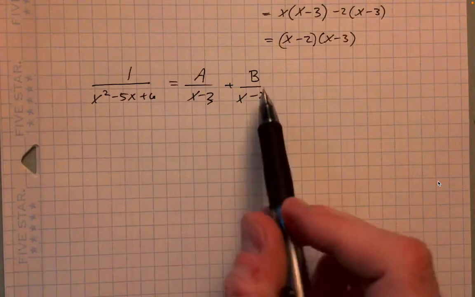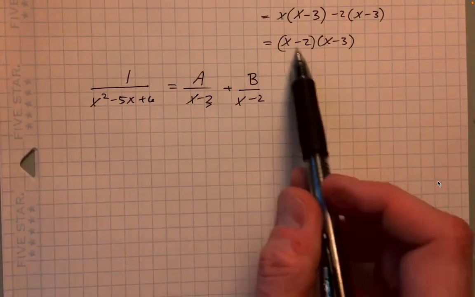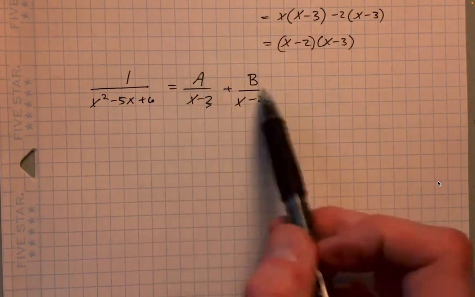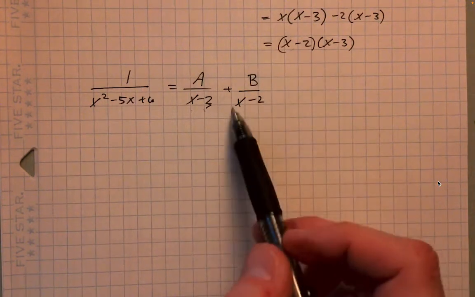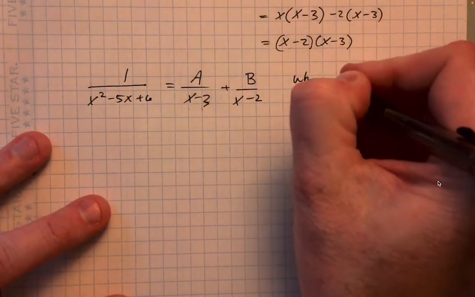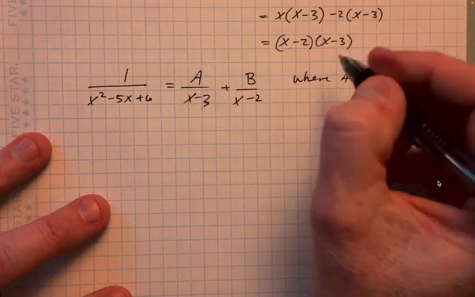So I have 2 linear factors. Because each is just one linear factor, each will pertain to a single term in the sum. So this one is a over x minus 3, and this one is b over x minus 2, where a and b are to be determined.